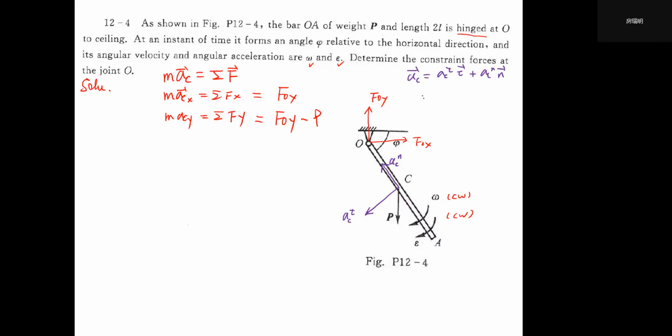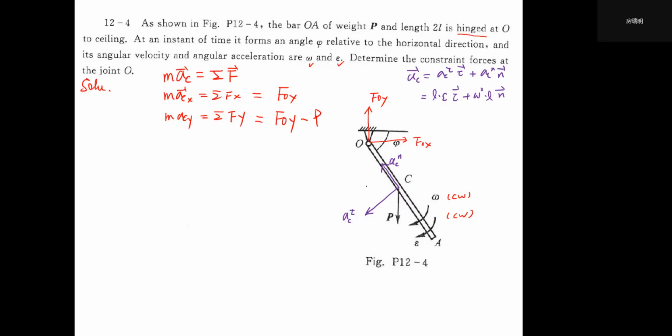ACT should equal the length of AC times epsilon, that is L times epsilon, in the same direction as epsilon. And ACN will be omega squared times L along the N direction. We should use this ACT and this ACN to find ACX and ACY.